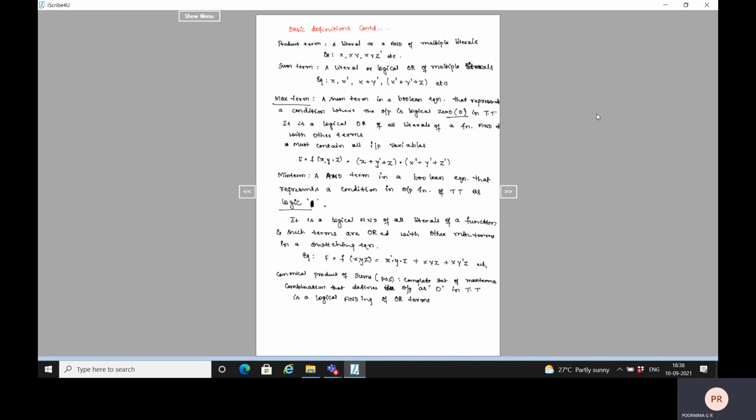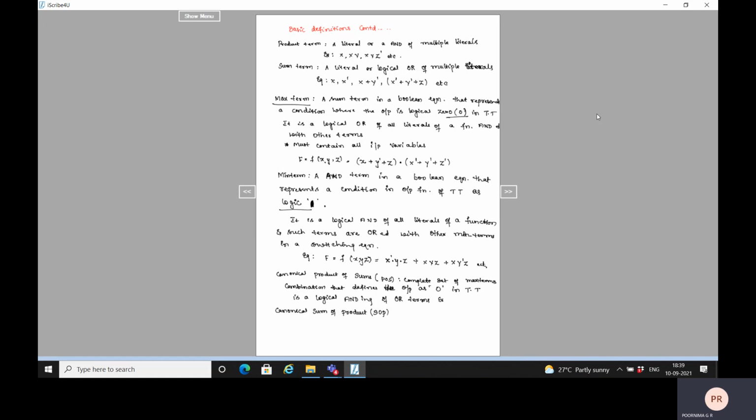The next definition that we should know is the canonical sum of products. In short, we'll call it the SOP form of expression.